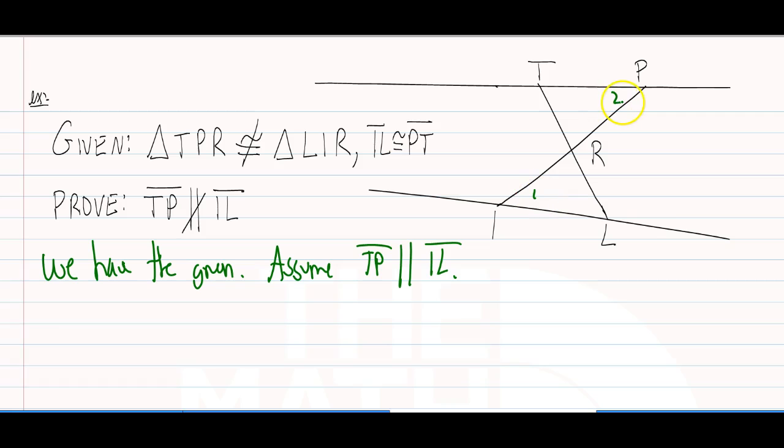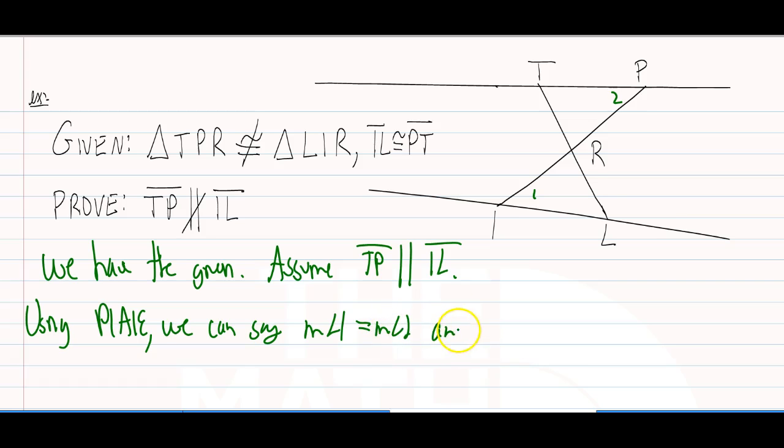If that's true, then using PIAIE, we can say measure of angle 1 equals measure of angle 2, and measure of angle 3 equals measure of angle 4. So 1 equals 2, 3 equals 4.